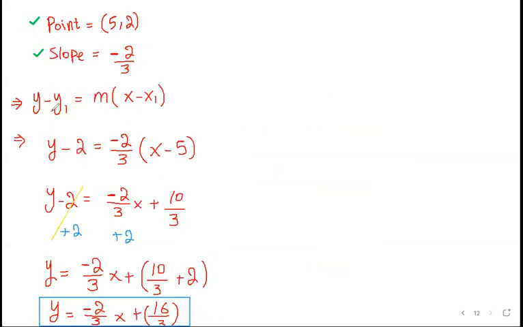So I use this point and this slope to find the equation of the line. This is exactly like the example before: y minus y1 equals m times x minus x1. I have the point from the question. The slope I get from the second line.